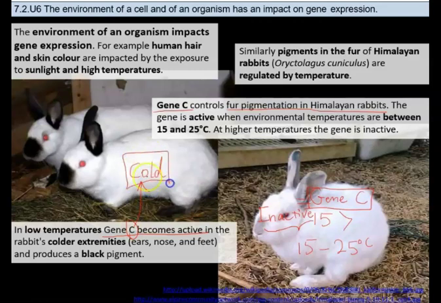So gene C, who loves cold, means that in the colder temperature it becomes active and starts to create the pigmentation. So that's why you can see these cute areas of the nose and ears become a black color.